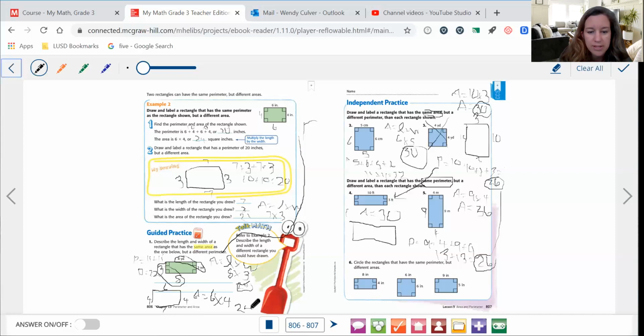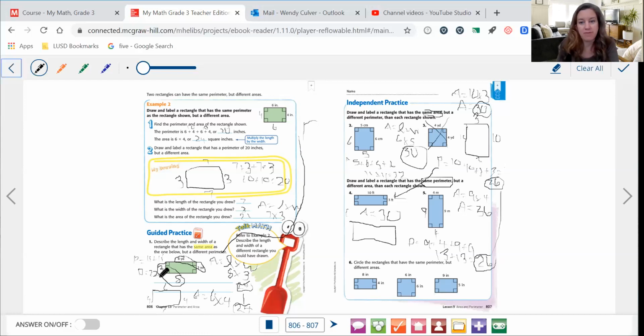So the areas are going to be the same. Same area, and that's what I was supposed to do according to this problem. But when I add them up, 6 plus 4 is 10, right? So if I add up this 10 plus 10, I'm going to get a perimeter of 20, which is a different perimeter than this rectangle, which had a perimeter of 22.